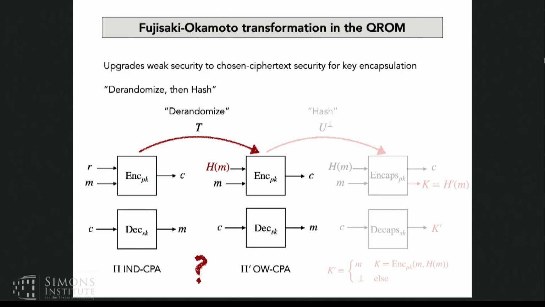Let's take a closer look at what goes wrong in the reduction. Basically, we want to assume that we have an attacker that breaks the one-wayness of this scheme.